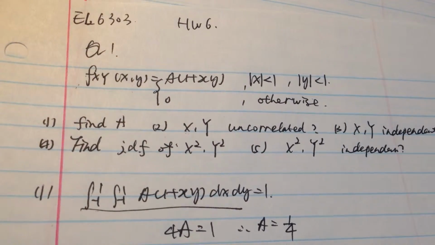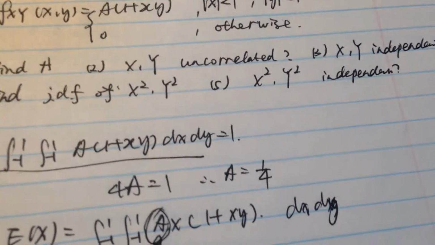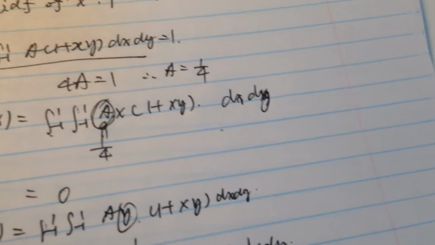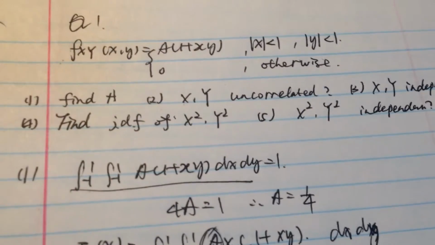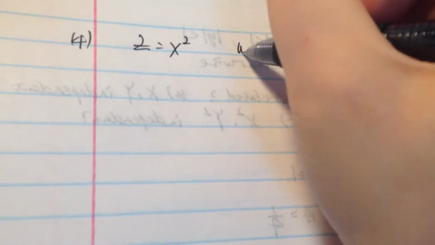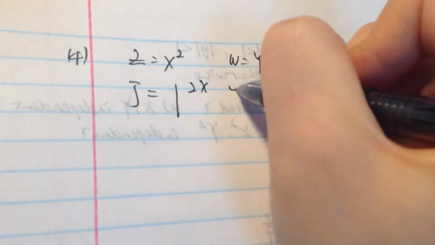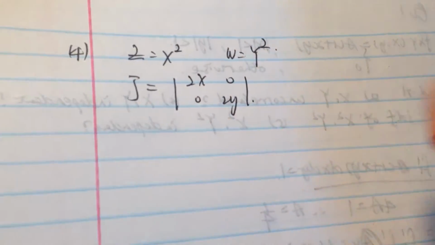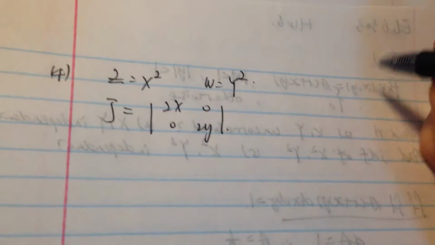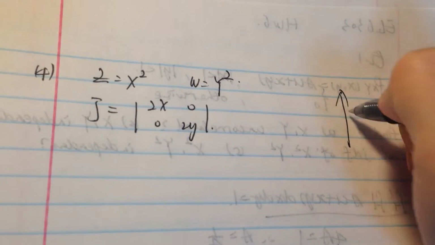First, we need to find the joint density function of x squared and y squared. So here we're gonna solve the problem. First, we set z equals x squared, w equals y squared. So according to the range of xy, here is the range.